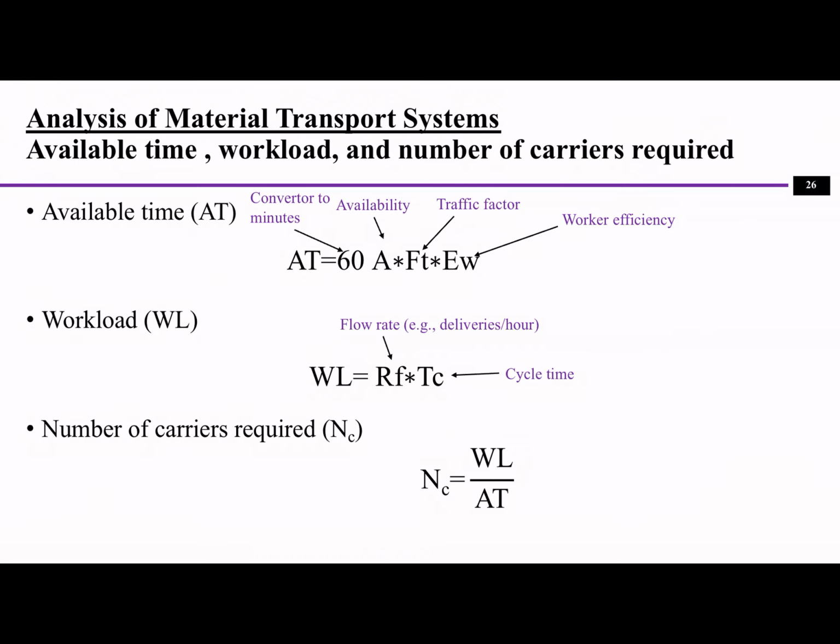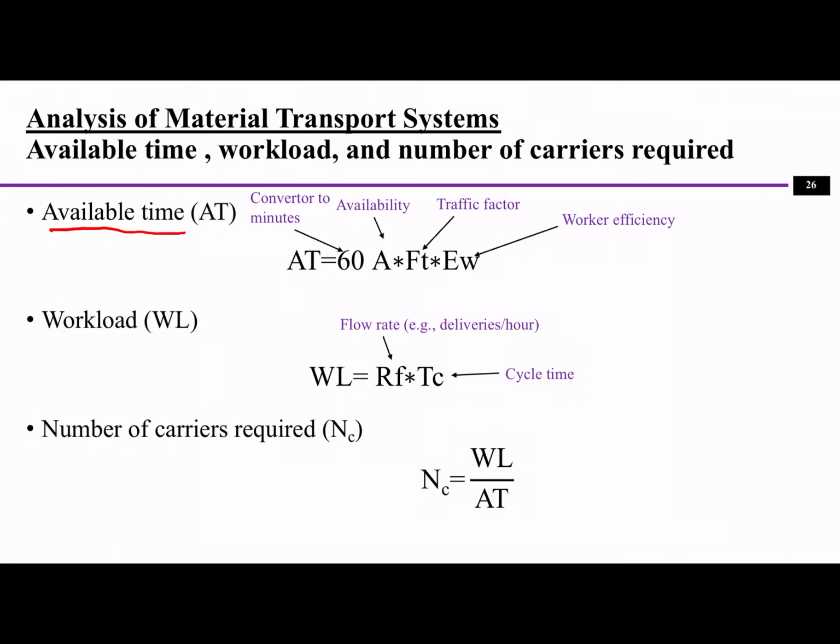All right. Some other terms we'll see is available time. Available time means how many minutes in an hour the vehicle actually is available. Since we're talking about automated equipment, shouldn't that be 100% available? No, not really, because sometimes there can be traffic, so it might be delayed a little bit because it has to wait.